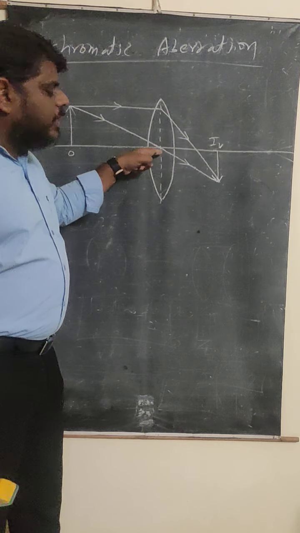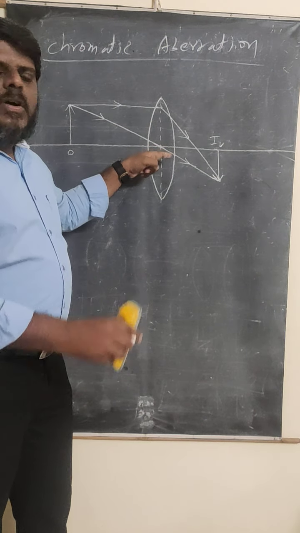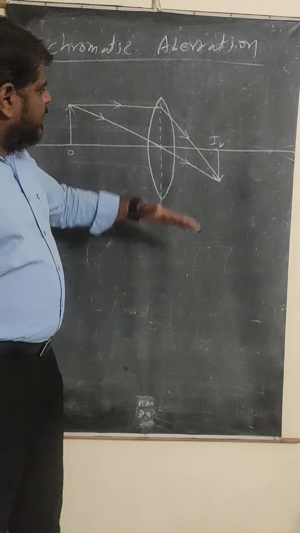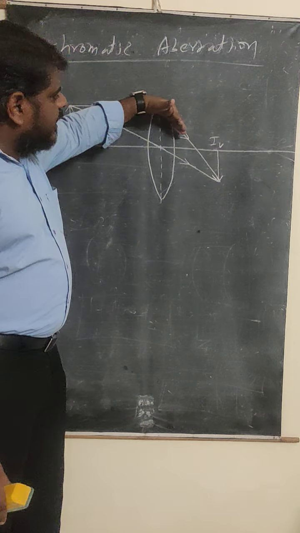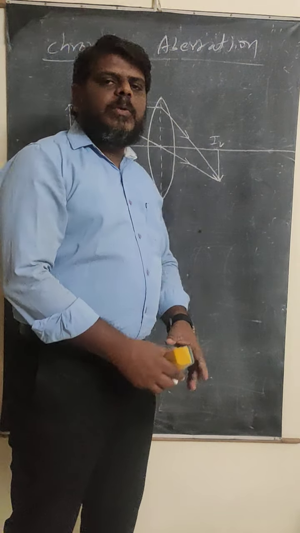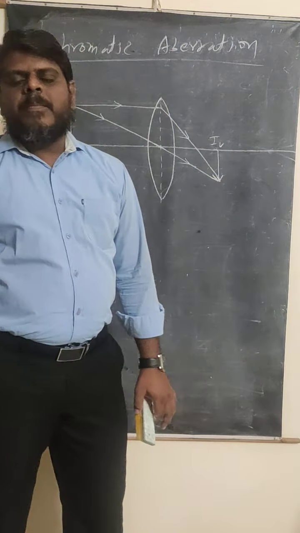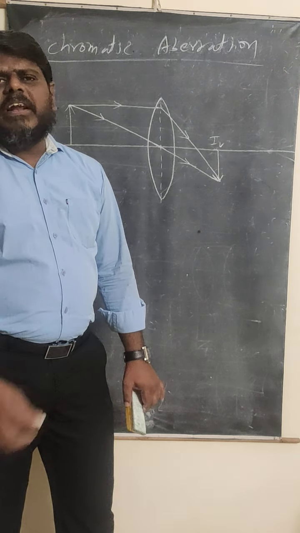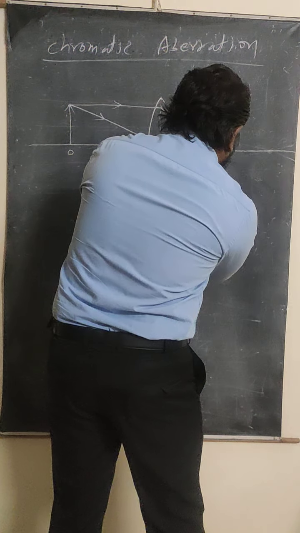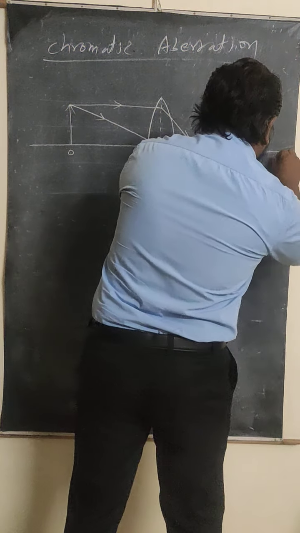The ray of light passing through the optic center does not refract. Only the ray of light passing other than the optic center refracts. So that is why this ray of light is refracted more, and here the image is produced by the violet light. After that, the red color deviates very little, and if you extend it, it forms another image at this place.